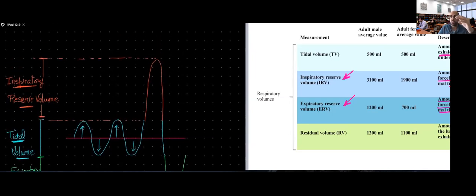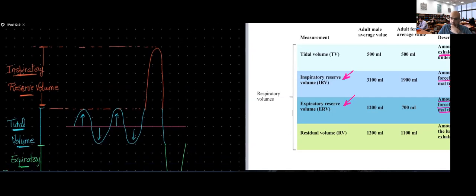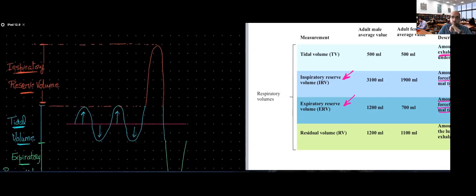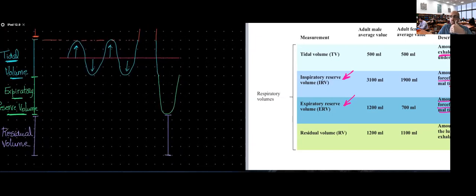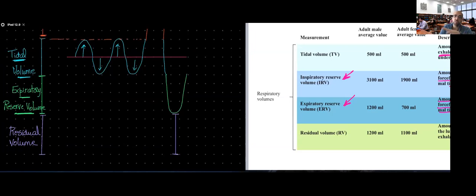The amount of air that I can breathe in beyond the tidal volume by maximal inhalation is my inspiratory reserve volume. The amount of air you breathe out by maximal exhalation beyond the tidal volume is called the expiratory reserve volume. After you move the expiratory reserve volume, you're still going to have air trapped inside because you won't allow the lungs to collapse.